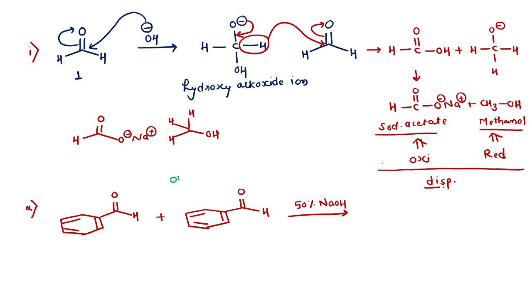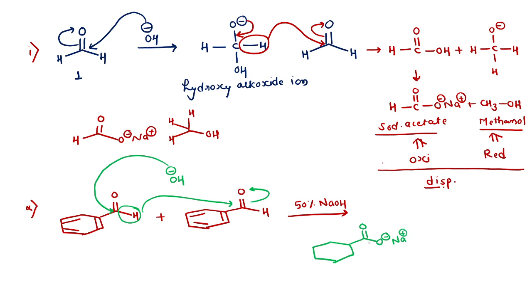This OH minus will attack on this, and this H is going to attack on this. I'll write down directly the product: sodium benzoate, which is the oxidized product. In short, it is benzoic acid. And the other you will get is benzyl alcohol. So one will be oxidation, one will be reduction. This is a very, very important reaction.